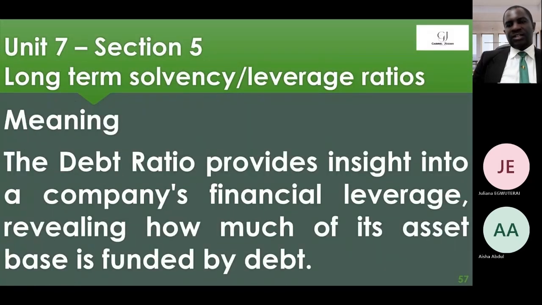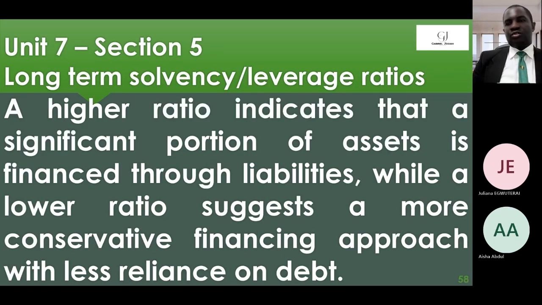So what does this mean? It provides insight into the company's financial leverage, revealing how much of the asset base is funded by debt. The asset base of the company is the company's investments for long-term economic benefit. But then what is taken out of that economic benefit is very crucial, and those liabilities need to be checked and ensured they're not out of control.